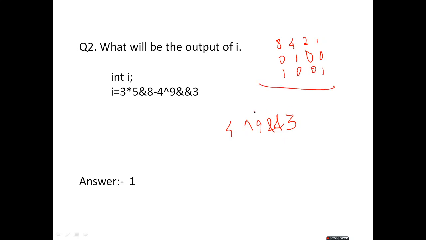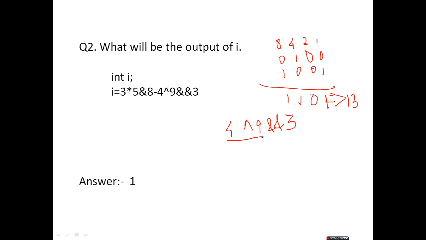Now we perform the XOR operation. In XOR, if both are 0 or both are 1, then it gives 0. If any one is 1, then it gives 1. So this is equal to 13.